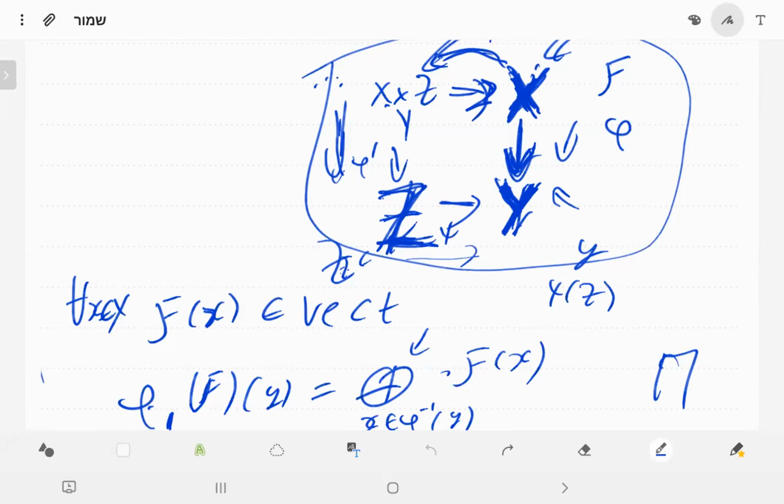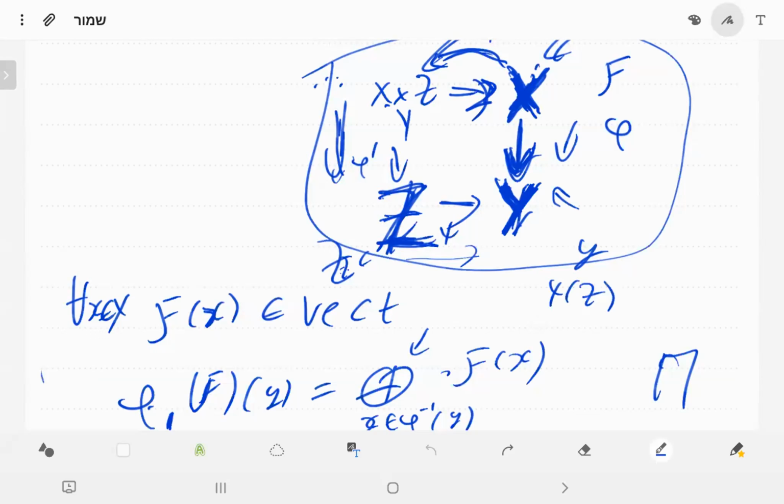And if you want base change to work in general, you need to choose. Either you're working in vertical lines, you're taking shriek, and then in horizontal line, you take star, or the other way around. In horizontal line, you take shriek, and the vertical takes star. You cannot take star in both.